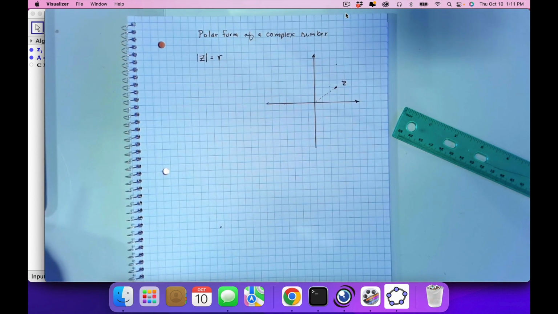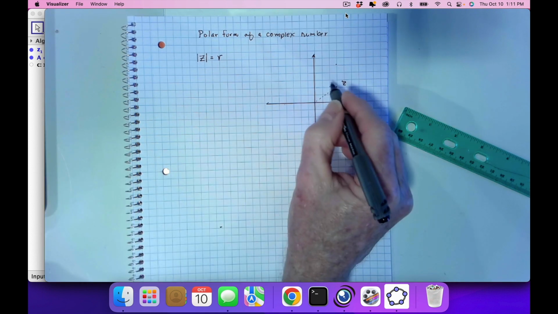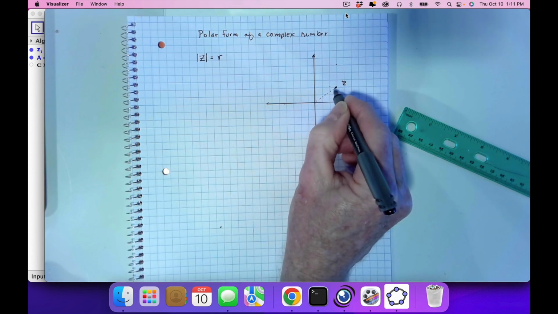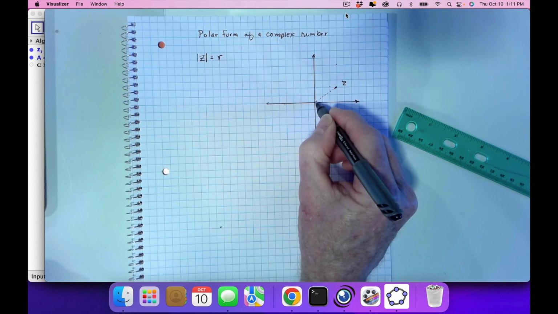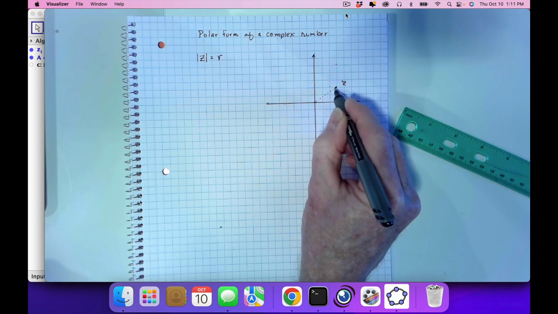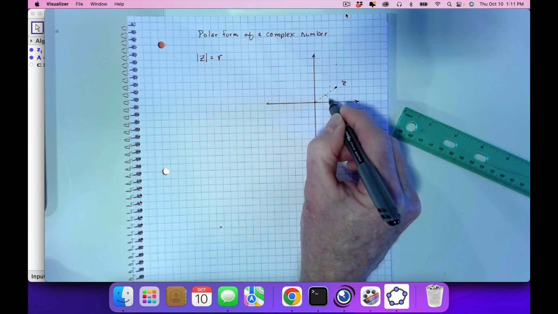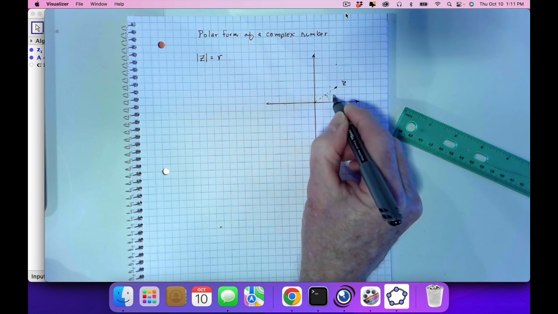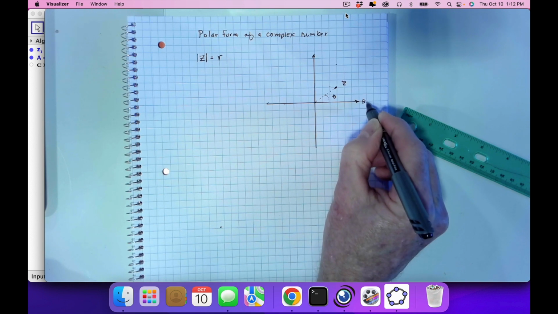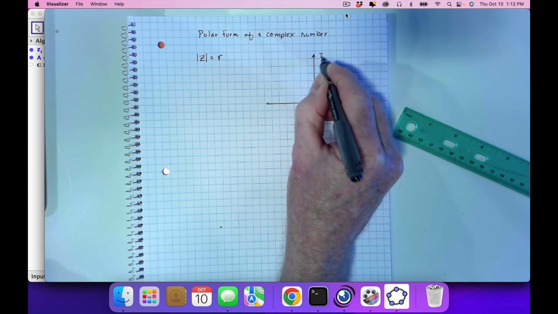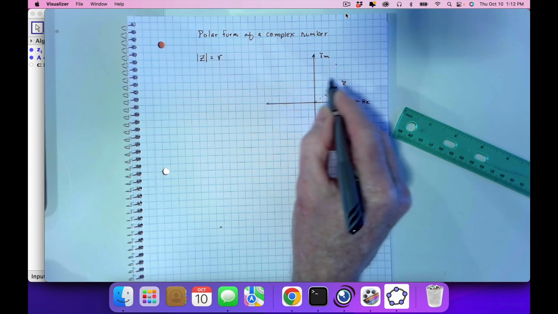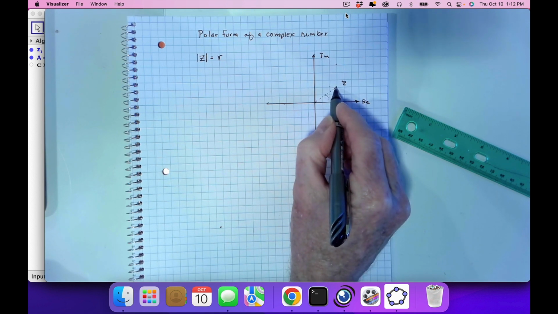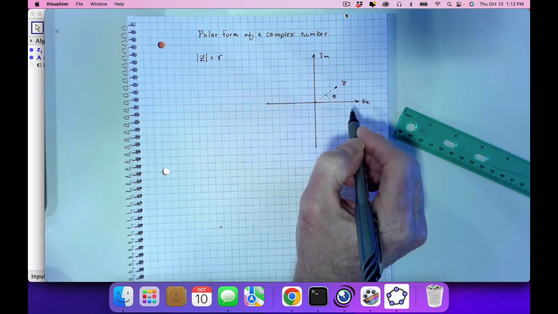It's the radial distance. But a complex number not only has a magnitude, if you drew a line connecting that number to the origin, that line is going to form some angle, which we'll call theta, with the real axis. So this complex number can be completely described by its magnitude and the angle that this line makes with the real axis.